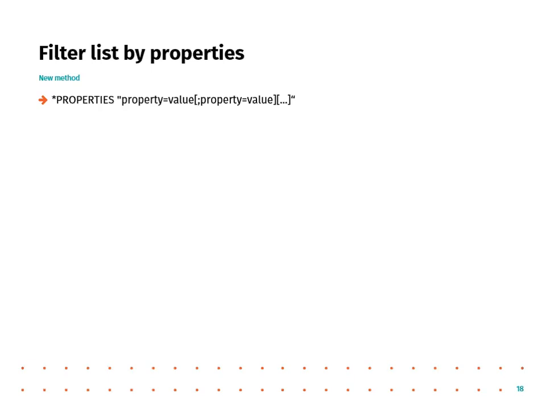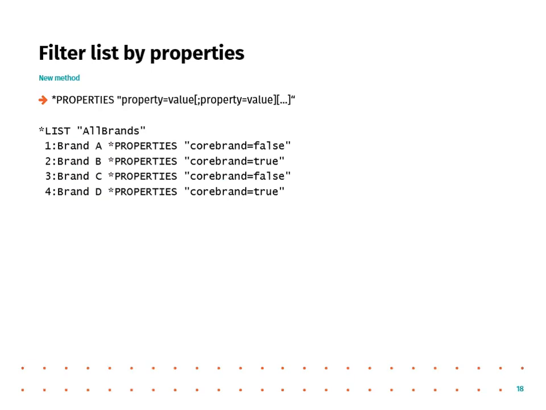And actually, it's also going to be used in reporting to make it easy to group your different categories based on the properties. For instance, I can create a brand list and then give every brand a property, whether it's a core brand or not, with just adding my own core brand equals true or false.